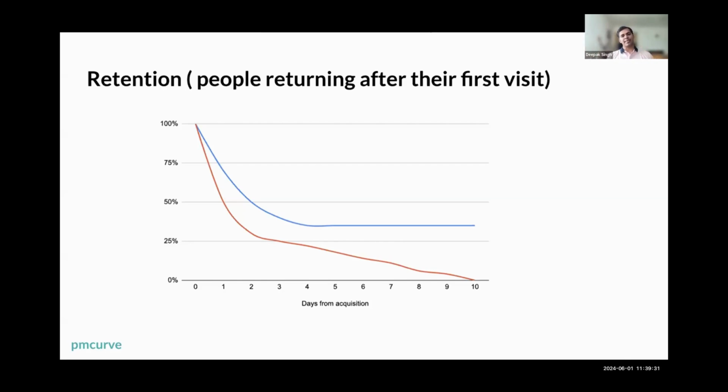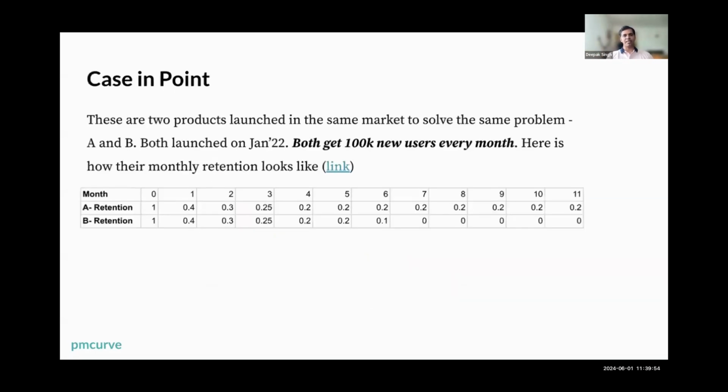But I'll not see a daily retention because it's not that everybody is actually ordering every day from Zomato, right? So the frequency of the need, or the jobs to be done, or the use cases actually determine whether you should be looking at daily, weekly, or monthly retention, right? And while mapping this out, you have to make sure that the graph flattens. If it does not flatten, then it does not have the PMF, right?